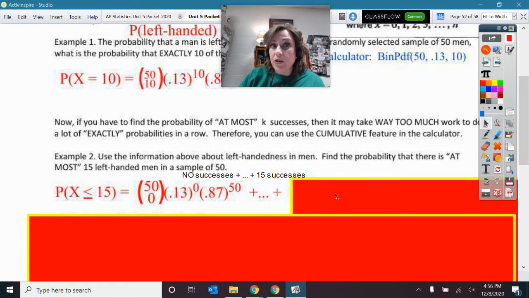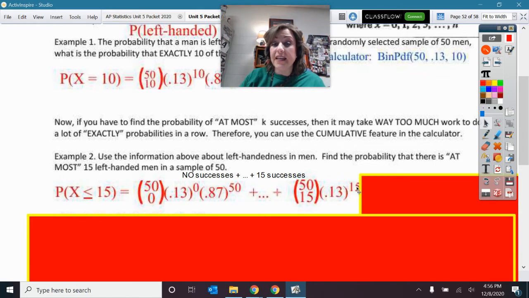Okay, now show the top of our sequence, 15 successes. All right, so that's out of 50, we want 15 successes. What's the probability of success now? Of the 13% success rate, we want 15 of those. So if we have 15 of those, how many failures do we have?